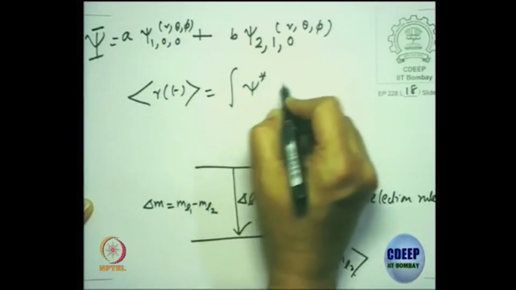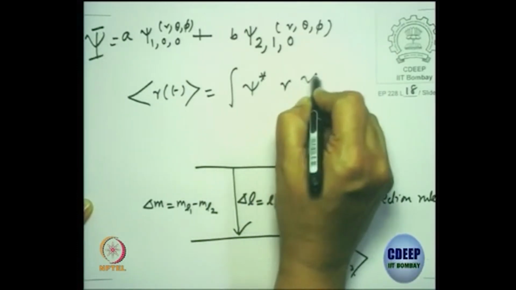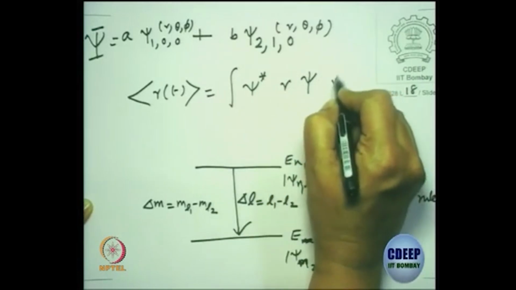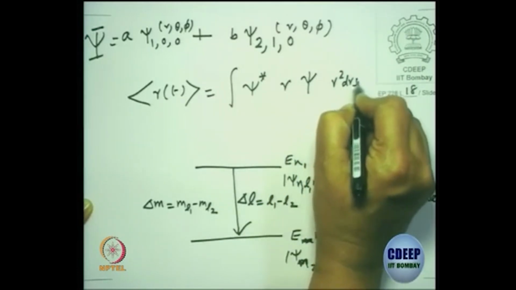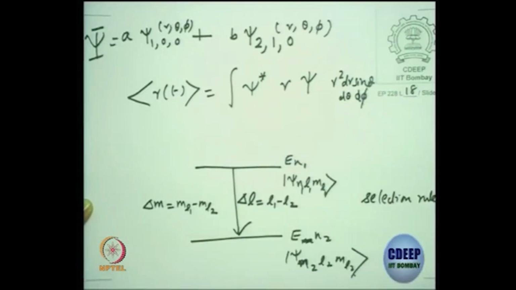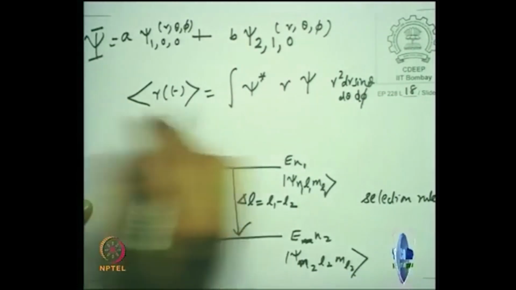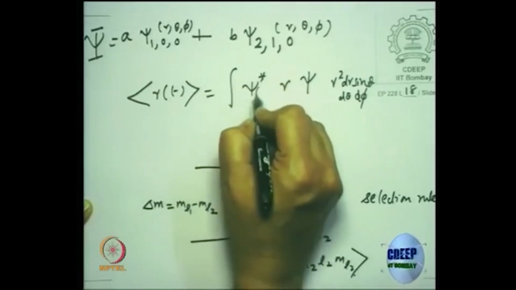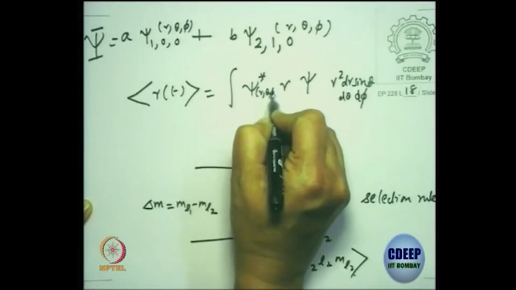Psi star r psi, then the volume will be there, r squared dr sin theta d theta d phi. Okay, I want to do it at t. I want to do it at r theta phi at t.